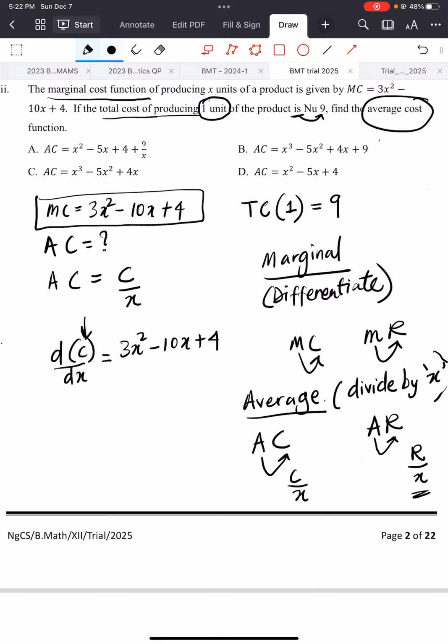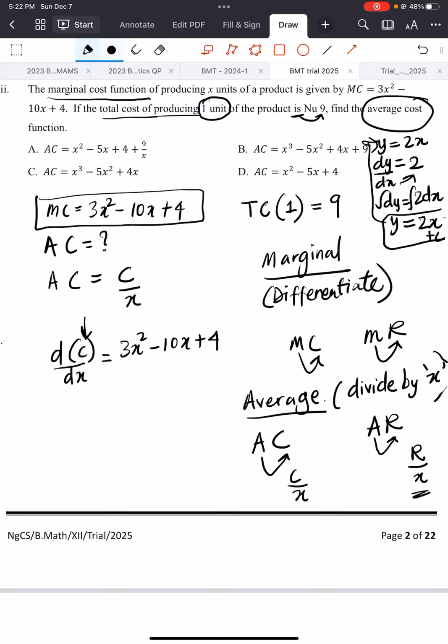For example, you have y equals 2x. To differentiate y with respect to x, your answer is 2. Now if you integrate this, dy equals 2 dx, you get y equals integration of 2 dx, which is 2x plus c. So see, you're getting back the function.